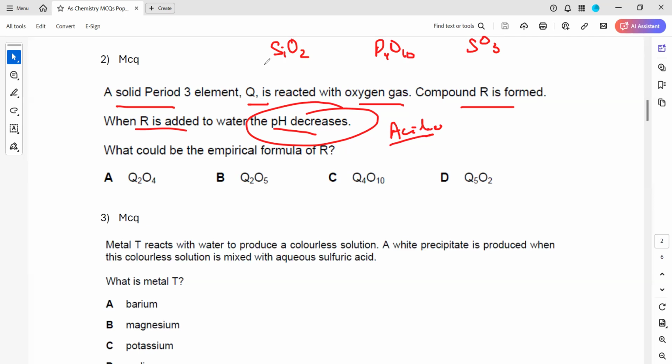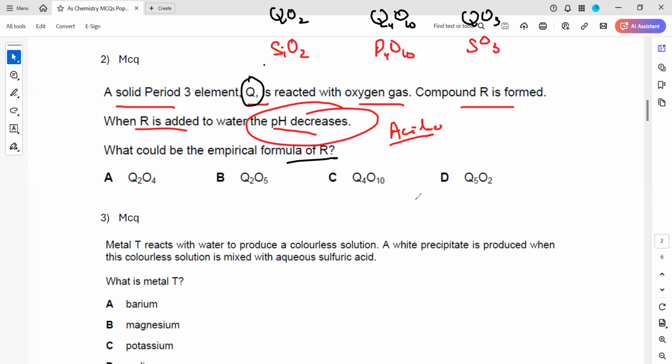Now they ask, what could be the empirical formula of R? We identify Q as a non-metal. For example, it might be QO2, Q4O10, or QO3. Q can be silicon, phosphorus, or sulfur. If Q was silicon, the empirical formula should be QO2.